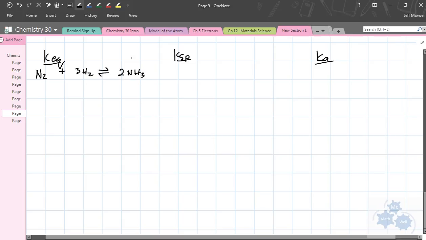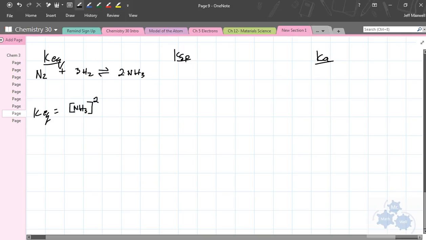In writing the Keq expression, we have the concentration of the products, so that's square brackets, NH3, and what do I do with this 2 here, you remember? Do I times 2, or what do I do? What does this 2 do?